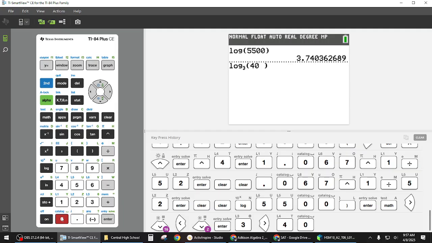And we're trying to find 3 to the what power is 40. So what are we going to ballpark that at? 3 point what? 7. And what were you saying? 3.35. We all agree it's between 3 and 4 for sure, right?